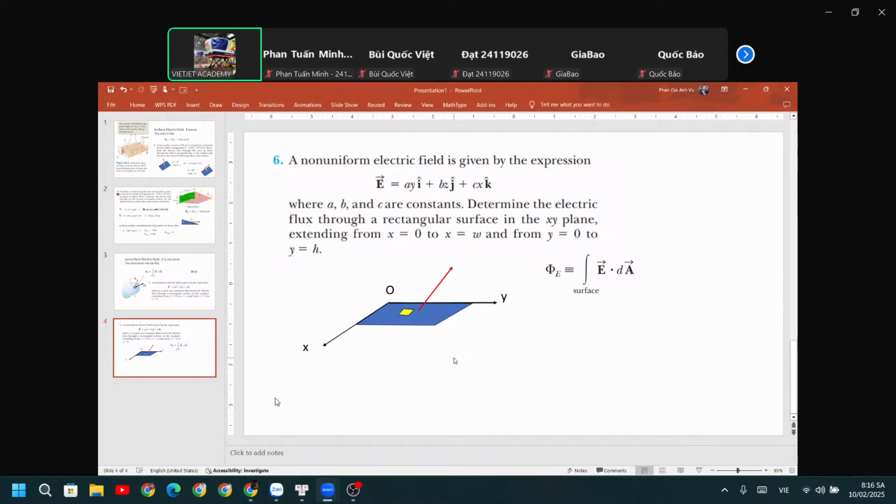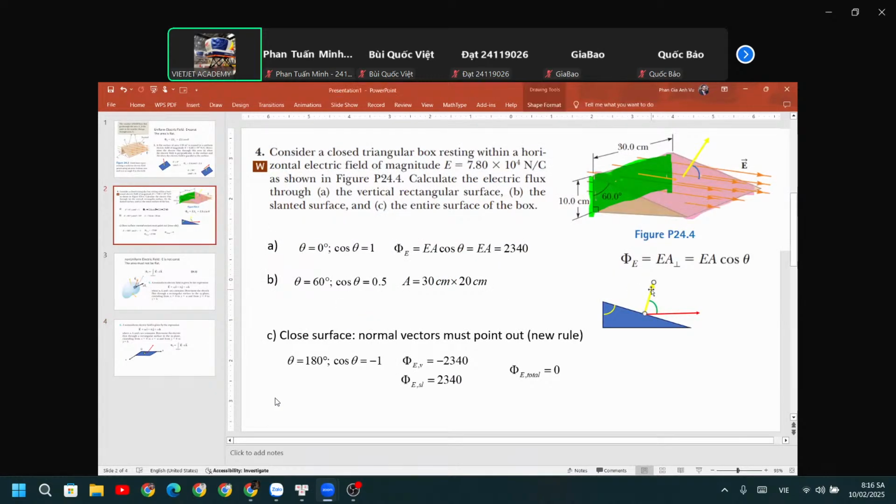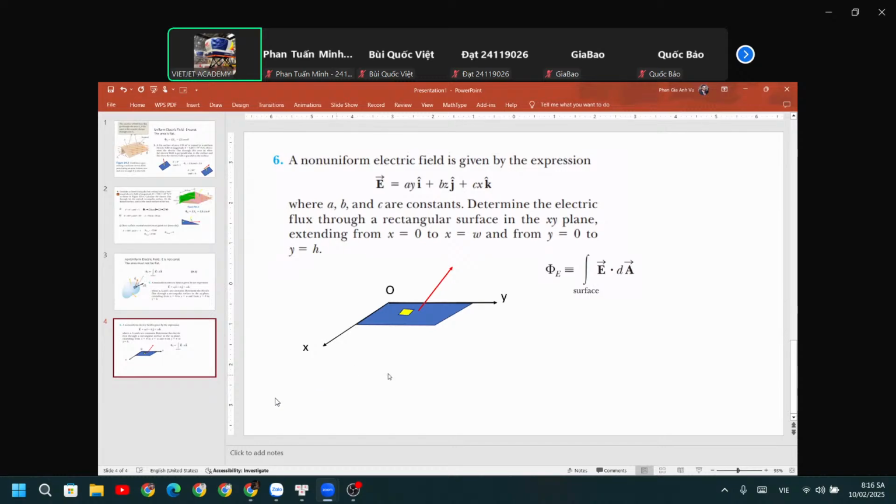So where is the dA vector? The normal vector of this one, I can take the normal vector, yellow vector here. Can I put it this way? Yes or no? The normal vector of the dA, the small yellow piece. Yes or no?